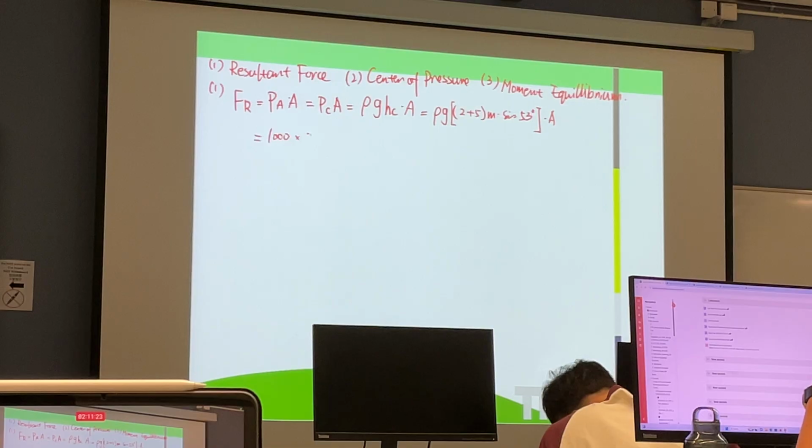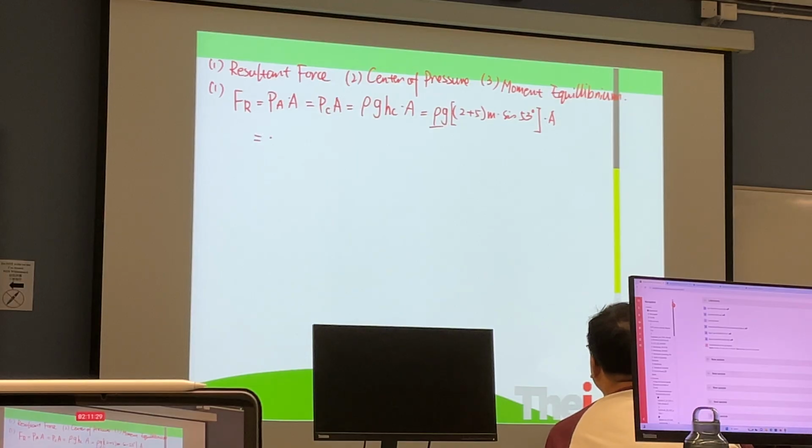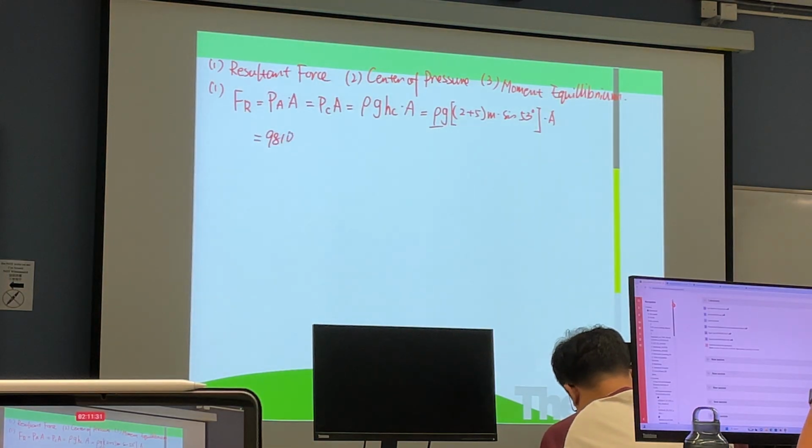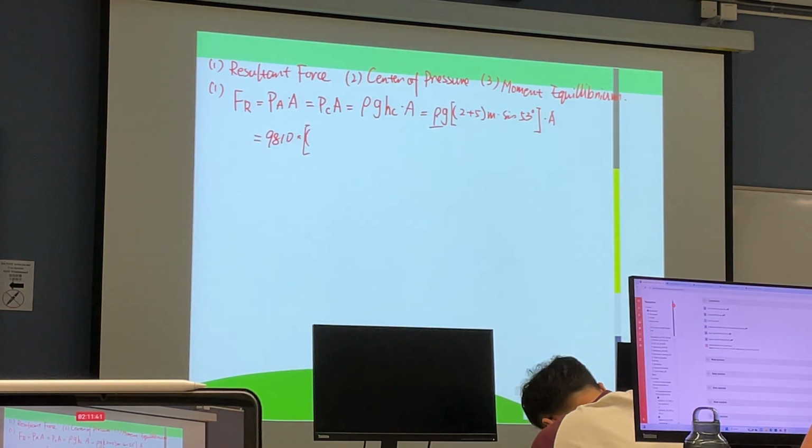Gravity is 9.81, or we may directly use rho g, the gamma, the specific weight, 9810 to save time, which is 1,000 times 9.81, times 7, all right, 7 times sine 53 degrees, times the area of this triangle.